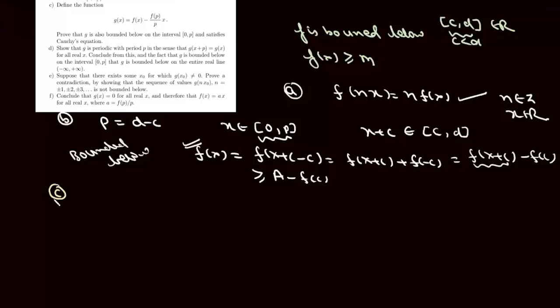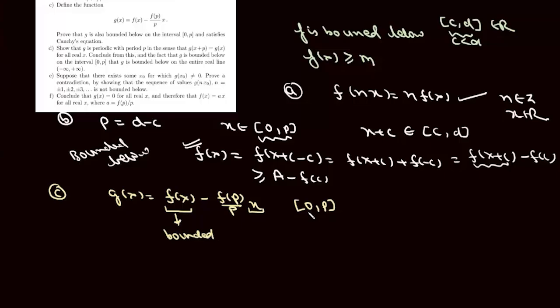Now its c part is define a function g(x) which is f(x) minus f(p)/p into x in the interval 0 to p. Now we have to prove this g(x) is bounded. In this interval 0 to p, this f(x) is bounded.